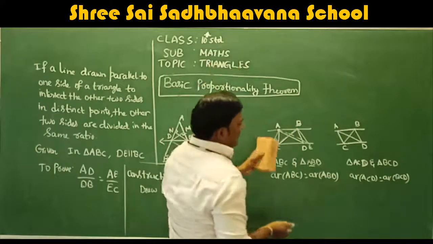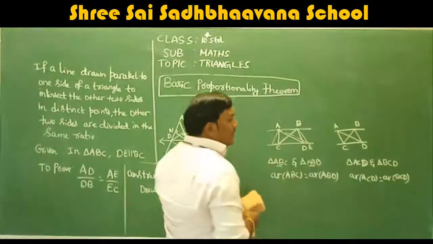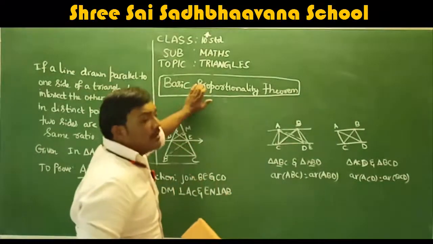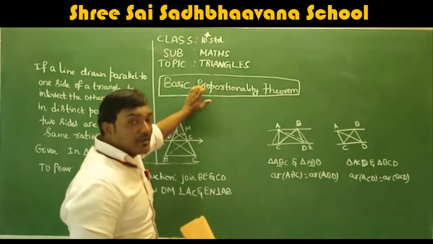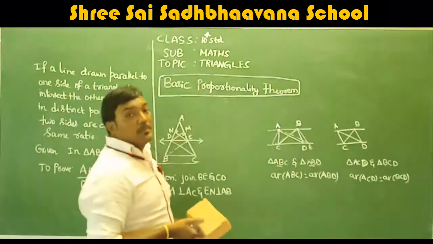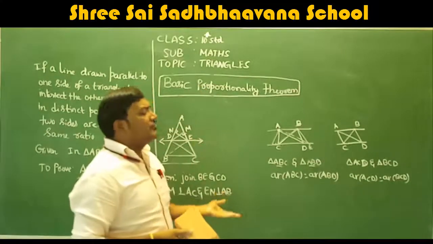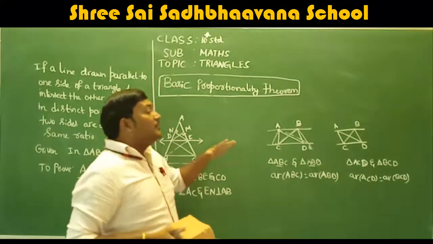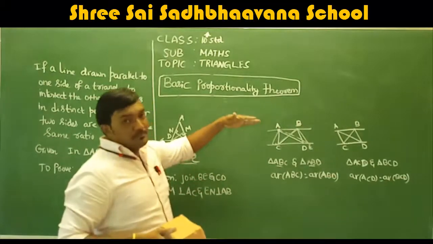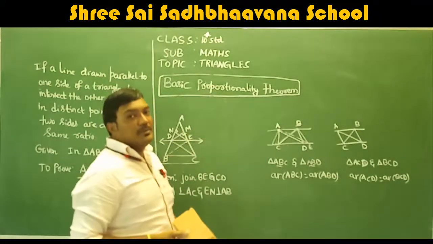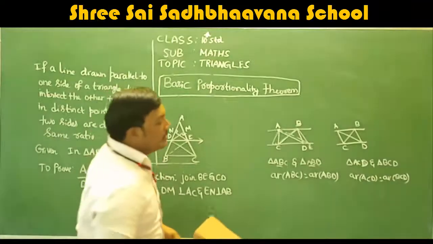The number of triangles you can draw between two parallel lines is infinite. Any number of triangles you draw having the same base, their areas should be equal. That is the property you should remember.